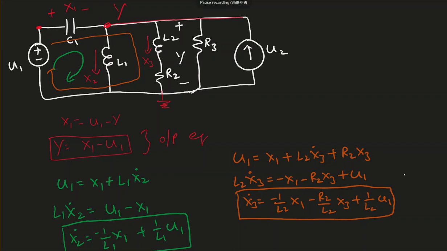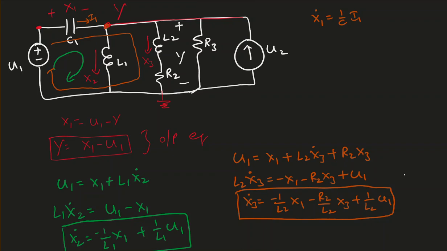To find X1 dot, I have to take the current here, the unknown current I1. So X1 dot equals 1 over C I1. Now I1 is unknown. I need to convert that I1 in terms of U1, X1, X2, X3 and U2.